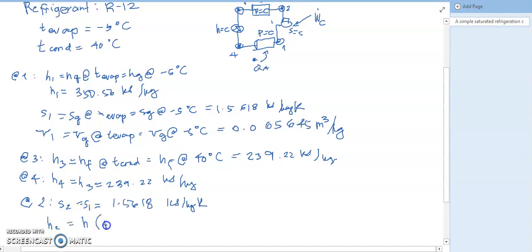At T2, or, sorry, T condenser. Ito po yung gagawin nating reference. T condenser and S2. So, this is technically H at what temperature? 40 degrees Celsius and 1.5618 kilojoules per kilogram Kelvin.